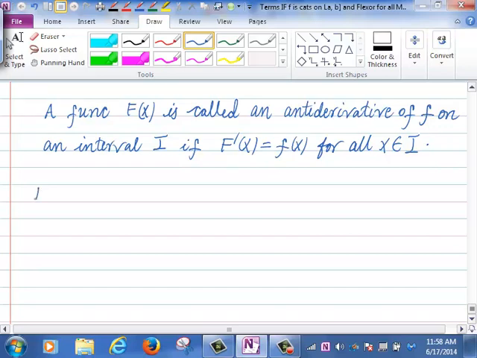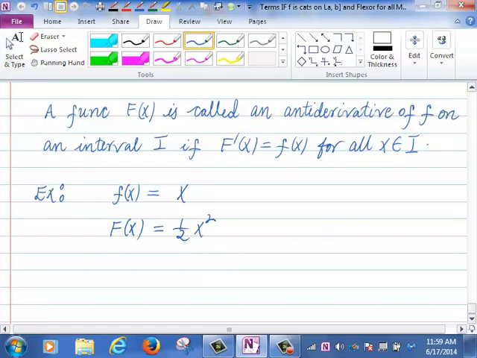Let me give you an example. If I take the lowercase f of x function to be x, and if I take the uppercase F of x to be half of x squared, then notice that the derivative of the uppercase F is exactly the lowercase f, right?